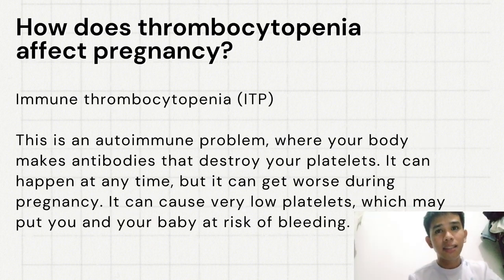So the second type is the immune thrombocytopenia. This is an autoimmune problem where your body makes antibodies that destroy your platelets. It can happen at any time, but it can get worse during pregnancy. It can cause very low platelets, which may put you and your baby at risk of bleeding.